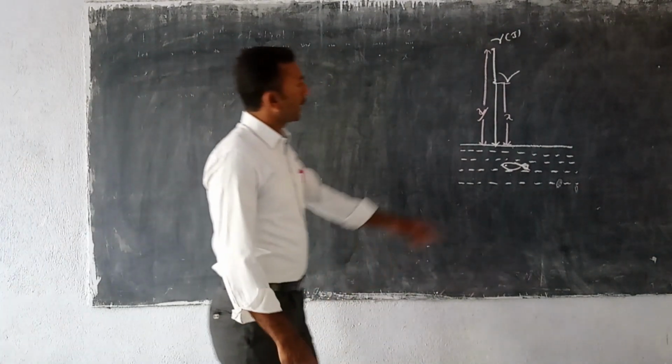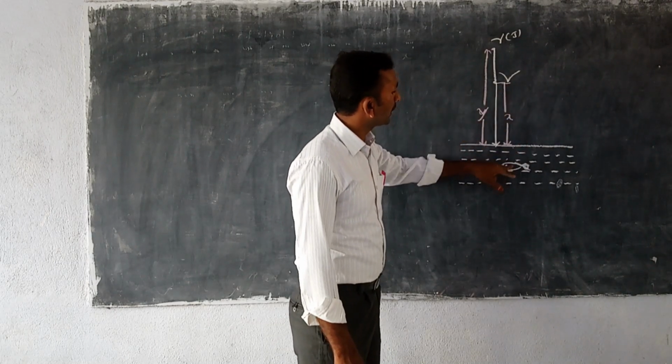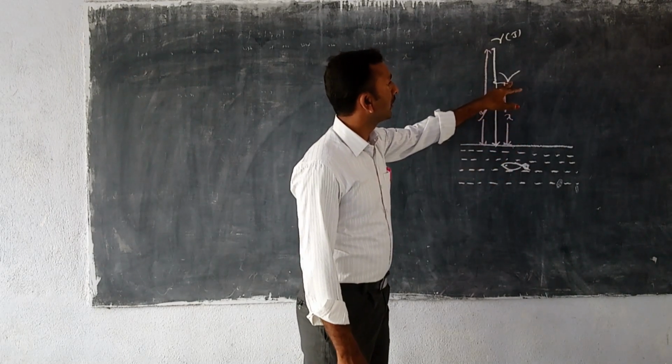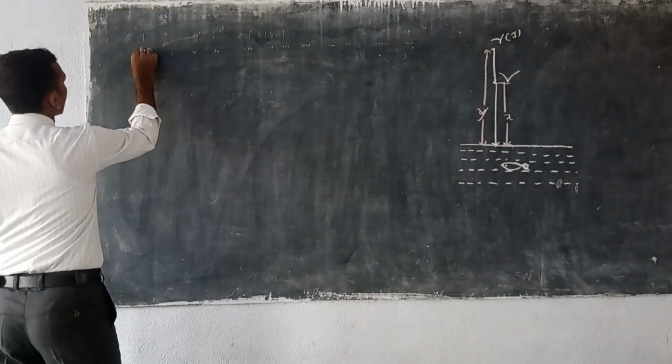Let us write the values. Let x be the distance between the fish and bird.